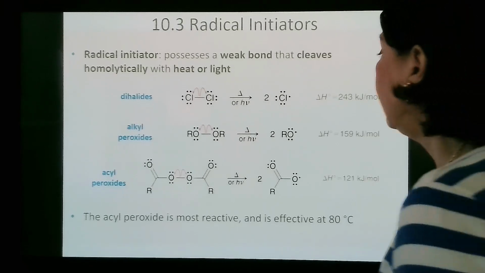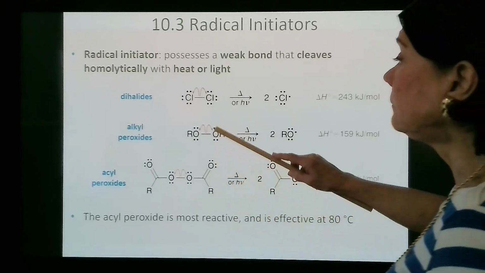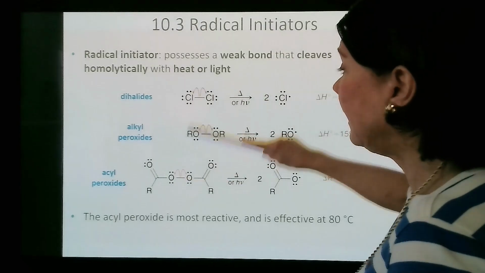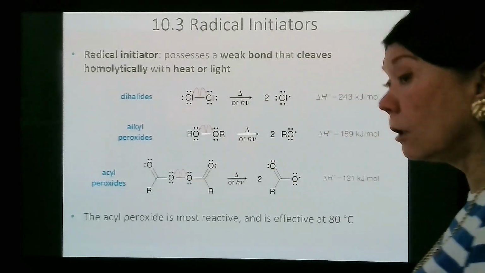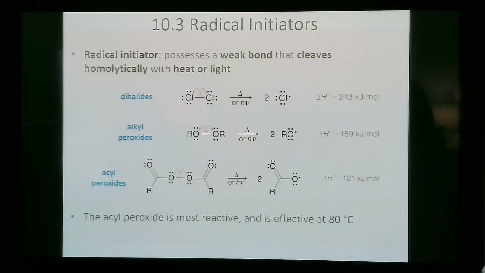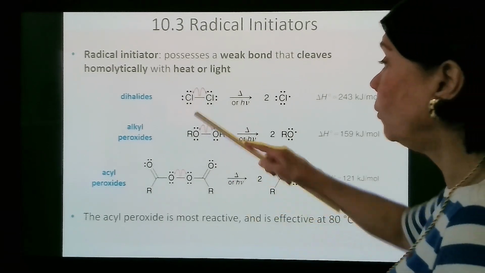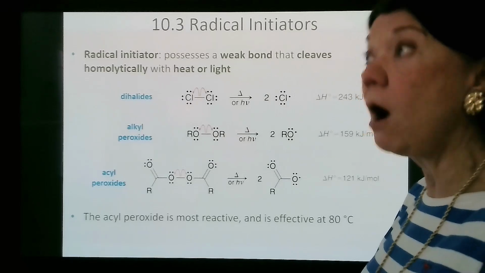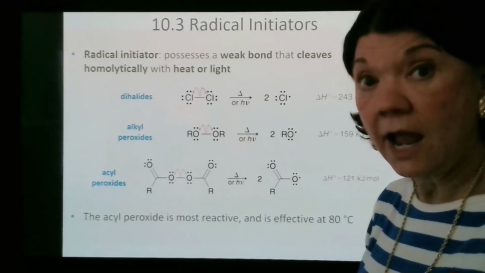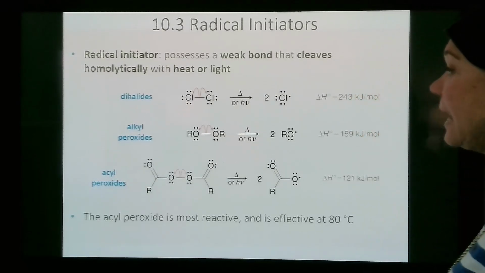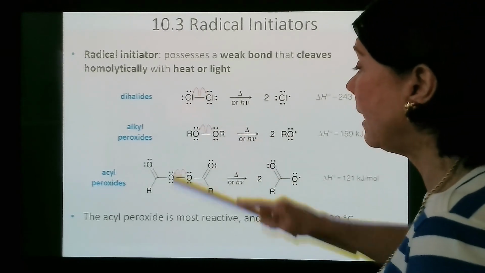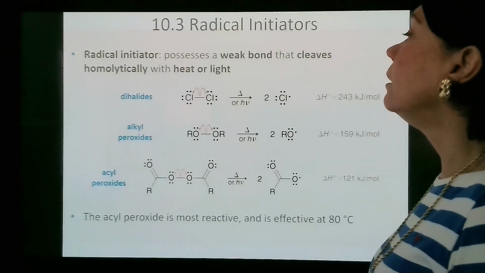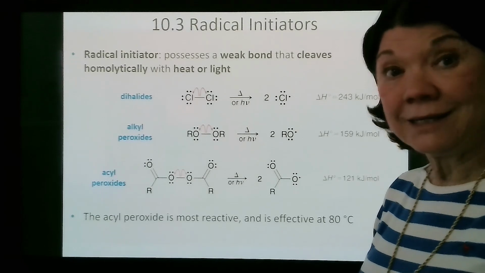And so the reason that you can look for these is they will often be a clue that you're going to have a radical reaction. When you have a heteroatom bond, that tells you, this may be a radical reaction. And the reason for that is because heteroatom bonds are usually very weak.